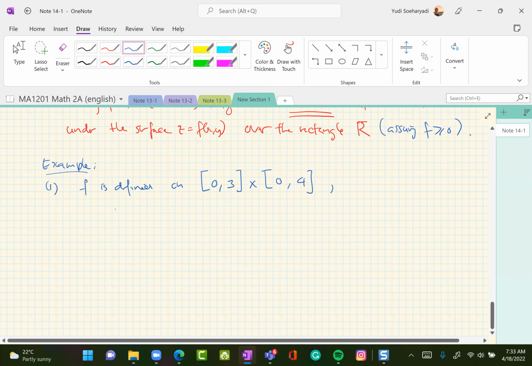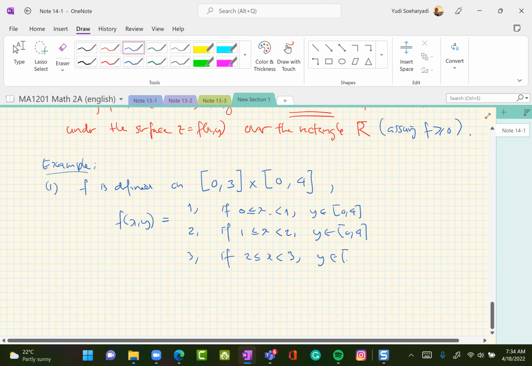Such that f(x, y), the value is say 1 if x between 0 and 1, and y is the whole thing. 2 if x between 1 and 2, y can be anything in between. So this is how we define the function.